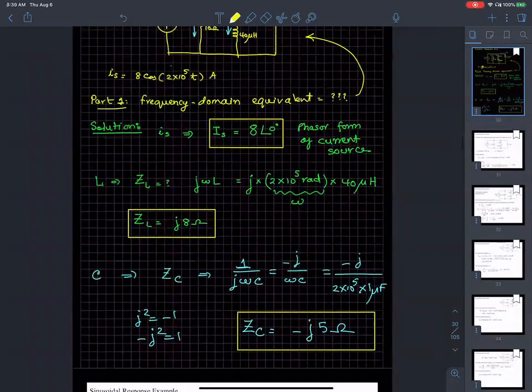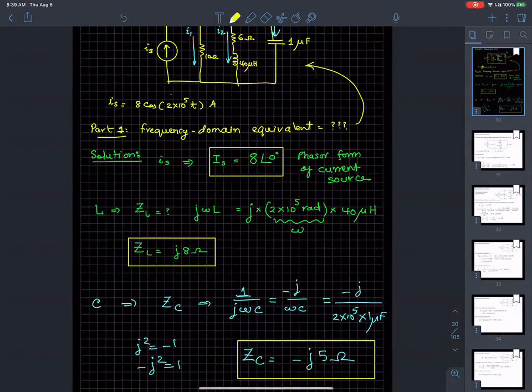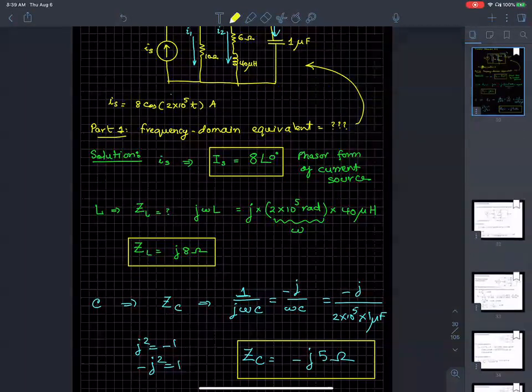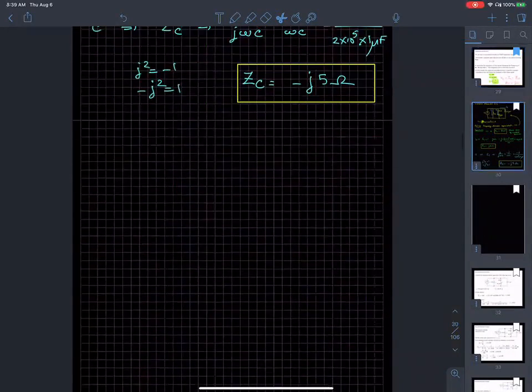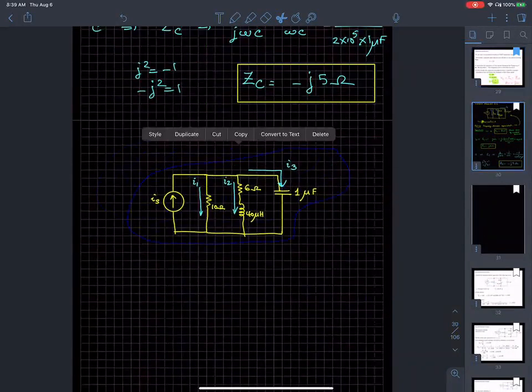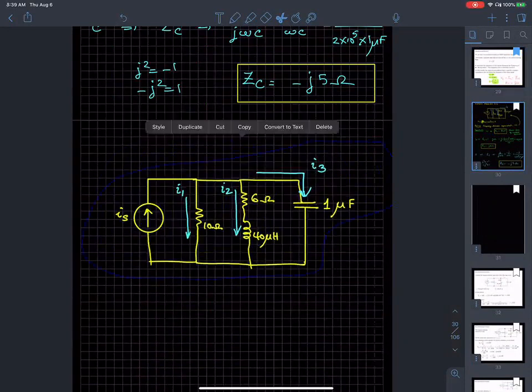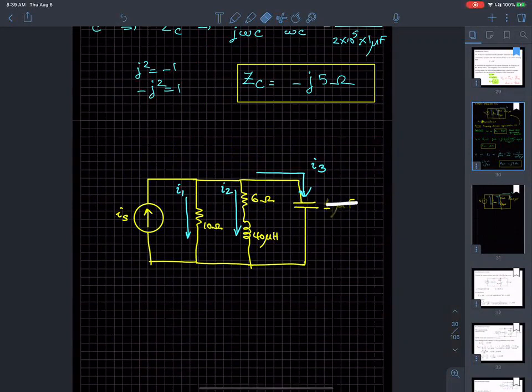Now what I have simply done is to start with the phasor representation of the current and then translate the inductor into frequency domain and the capacitance into the frequency domain. Now I'm ready to convert this circuit into the frequency domain. So I'm going to copy this and paste it over here. Let's start with this in frequency domain.